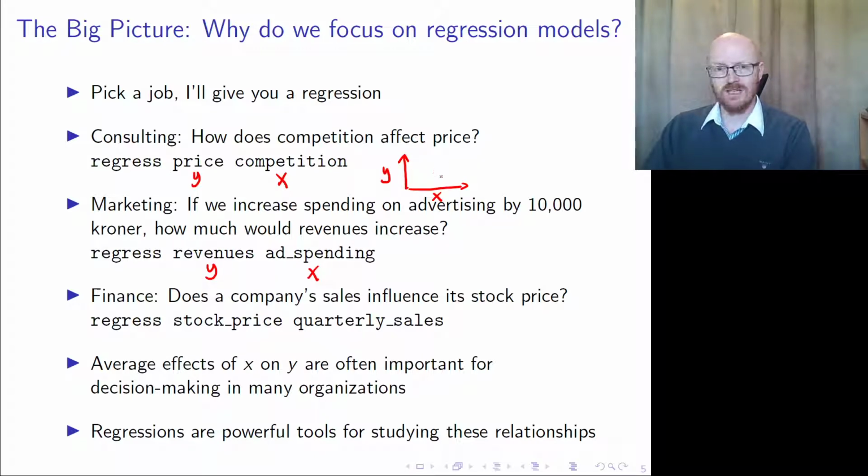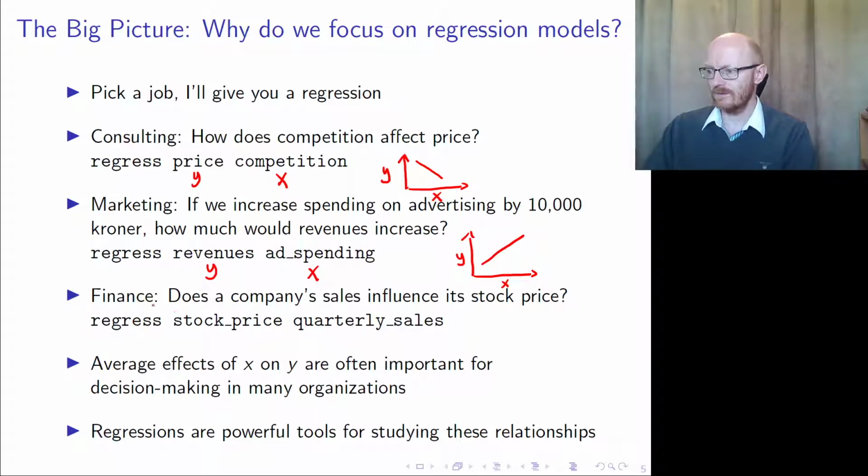Well, you could say that more competition, the higher x, right, will lower price, because with more competition there's more pressure on the price. And for example, in marketing, if we increase spending on advertising, would revenues increase? Yeah, probably revenues would increase because you get more customers. So here you get x and y, and probably you would get an upward sloping graph, right? Like a positive b1, a positive slope.